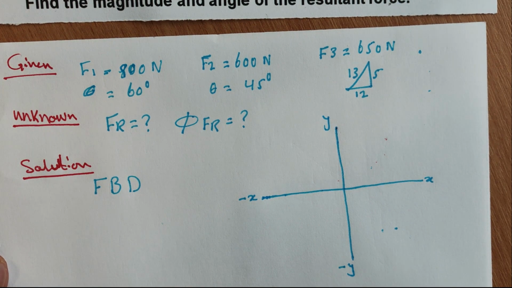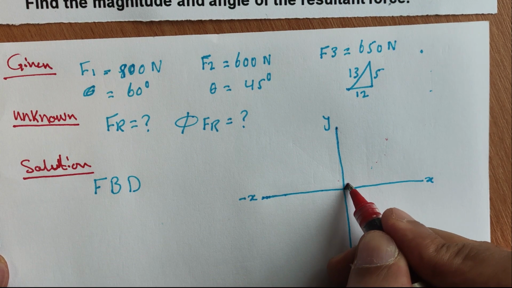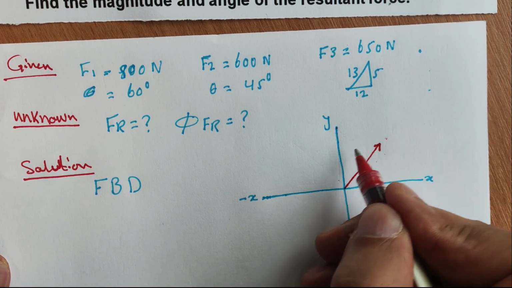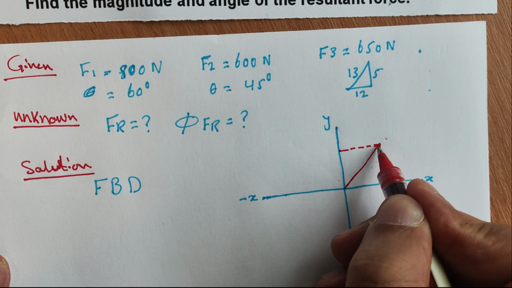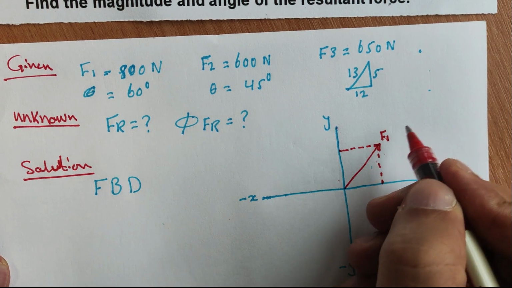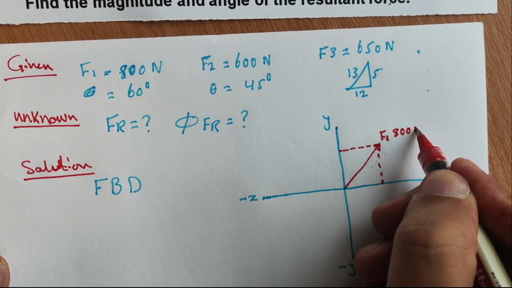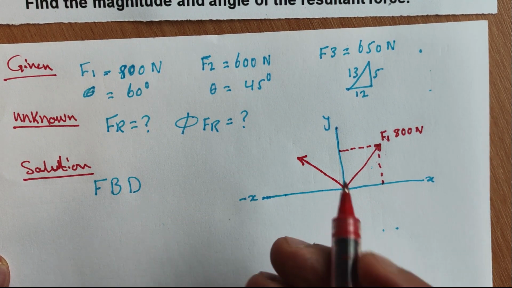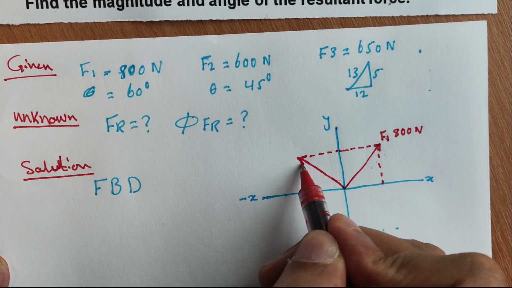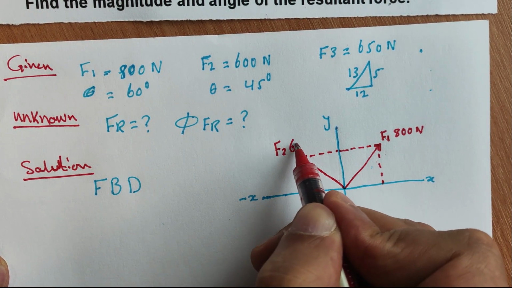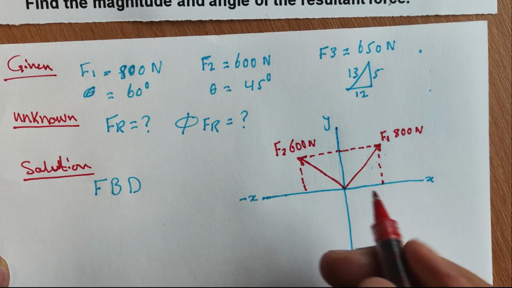For the first force, F1, we resolve it into two rectangular components; F1 is 800 Newton. For F2, again resolving into two rectangular components, F2 is 600 Newton.